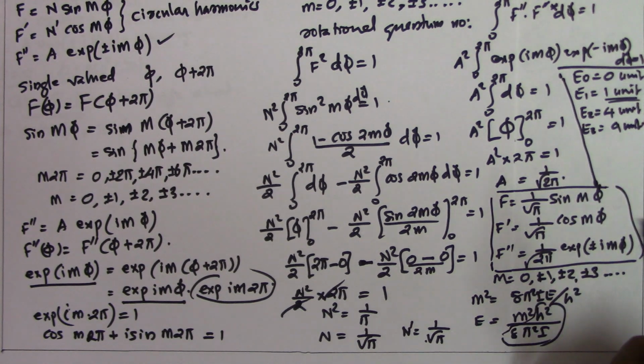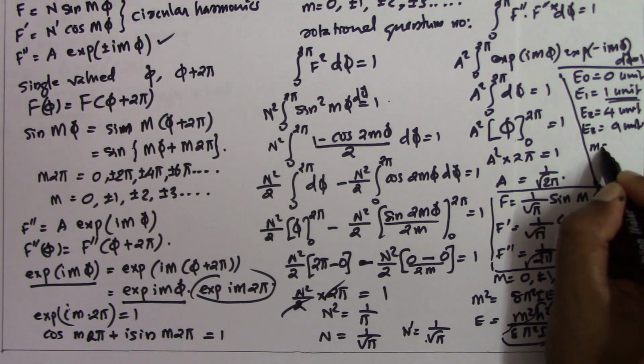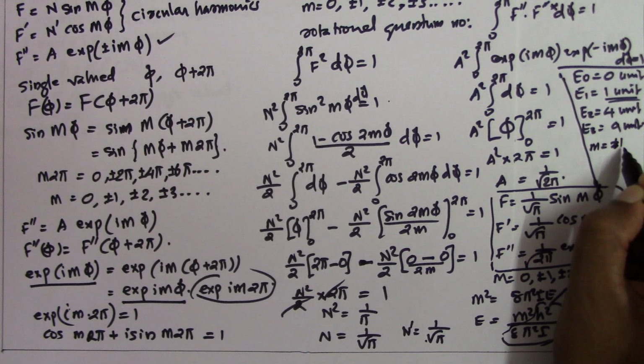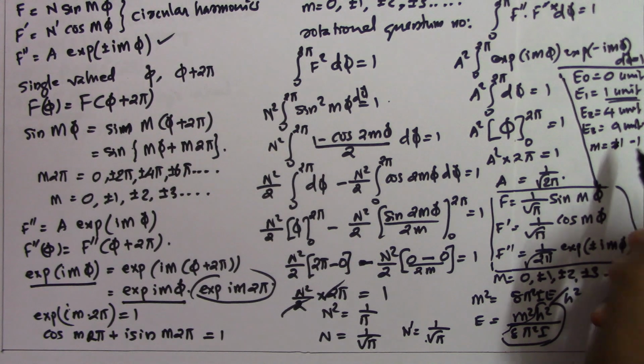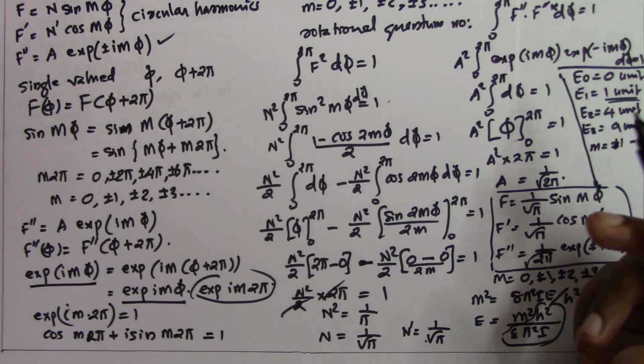One thing that you have to notice here is that if m is equal to plus 1 or minus 1, in both cases m square is equal to 1, which means for m equal to plus 1 and m equal to minus 1, you will have the same energy.